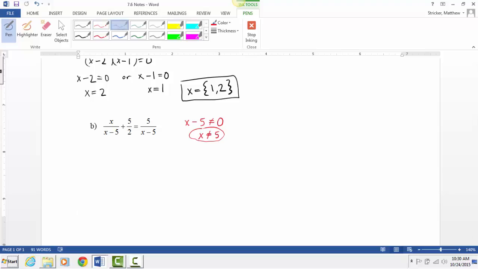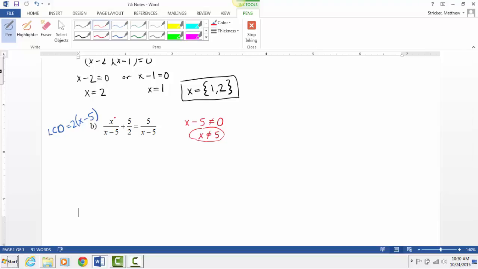Okay, what's our least common denominator here? Well, we know we need an x minus 5 to cancel this denominator and this denominator, but x minus 5 won't cancel the 2, so we also need 2. So we can write it like this, 2 times x minus 5.